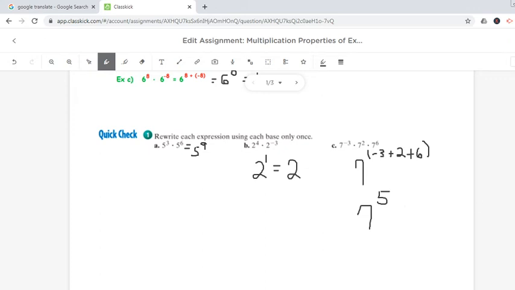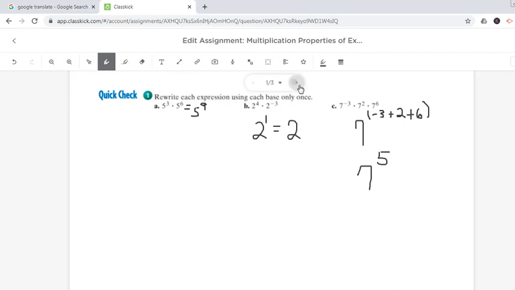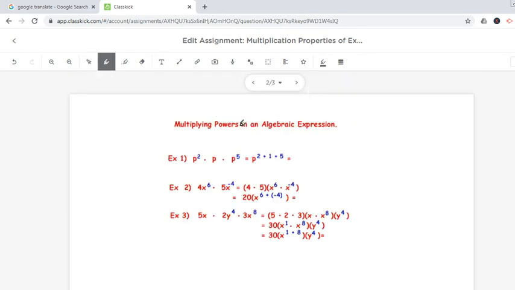Okay, so did that page. Multiplying powers in an algebraic expression. So p squared times p to the 5th. All a base of p, so we write p. And if it's just this, then we know it's implied that the exponent is 1.